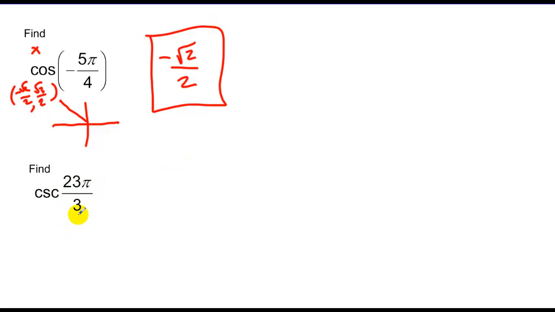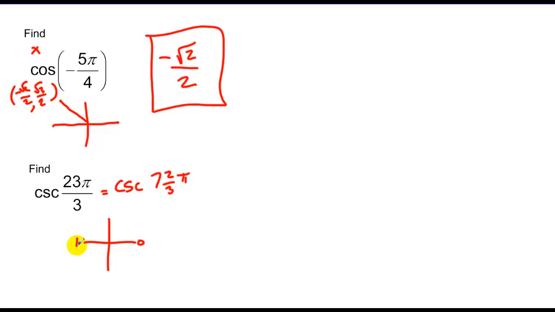23 pi over 3. Again, I'm dealing with an improper fraction. I'm going to change that to the cosecant of 7 and 2/3 pi. So I need to know where I am. We've kind of gone through this exercise before.